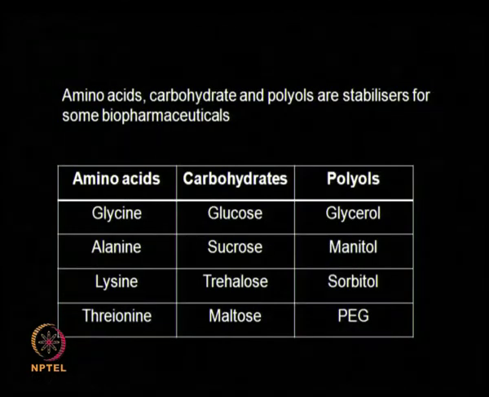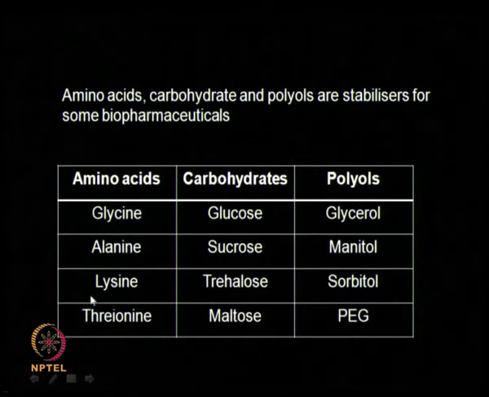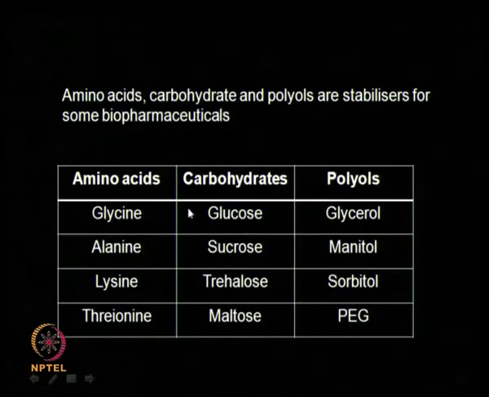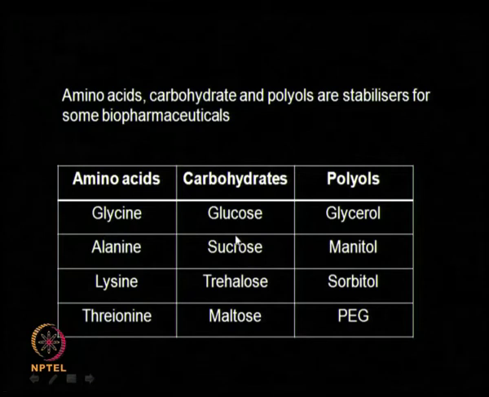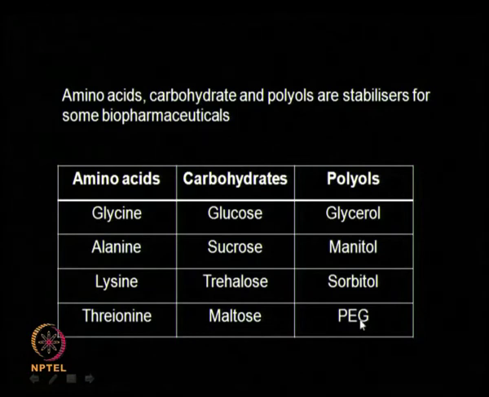Again, amino acids, carbohydrates and polyols are widely used for biopharmaceutical products. Glycine, alanine, lysine, threonine are the amino acids used in stabilizing biopharmaceutical products; glucose, sucrose, trehalose, maltose are the carbohydrates used; and polyols like glycerol, mannitol, sorbitol, and PEGs of various molecular weights are added.